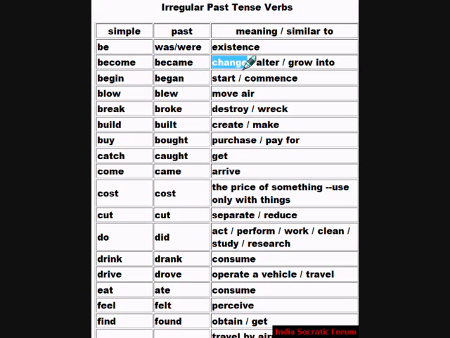Become is change, alter, grow into, like that, okay? Begin. The past tense is began. What do you mean by begin? The meaning is start. Begin means start, commence. Blow. The past tense is blew.